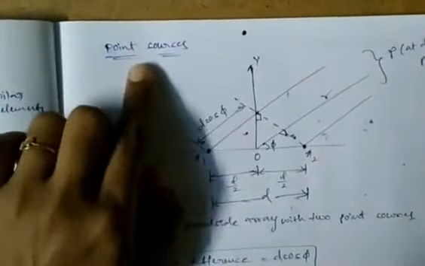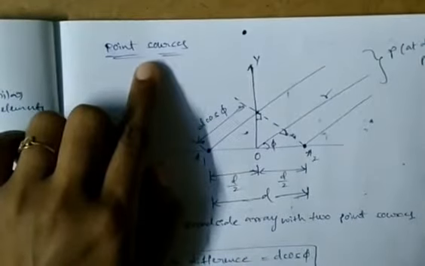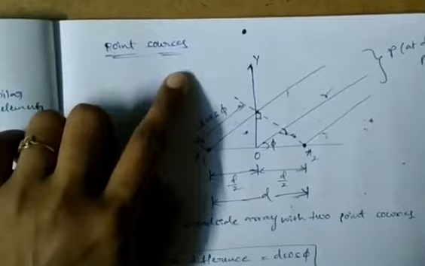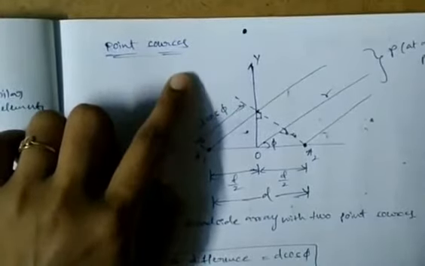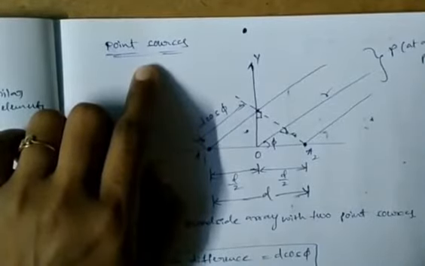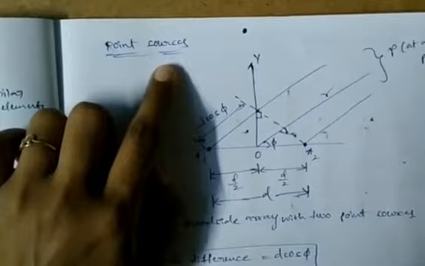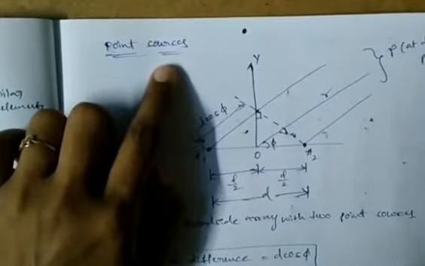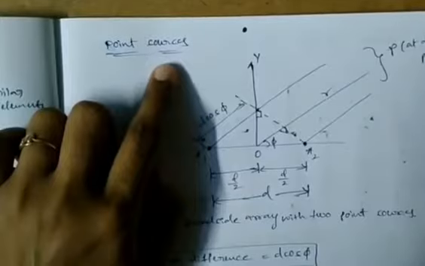A point source is a radiating element occupying zero volume. An array of point sources is an array of radiating elements occupying zero volume. So we indicate the antenna or radiator with a point source.